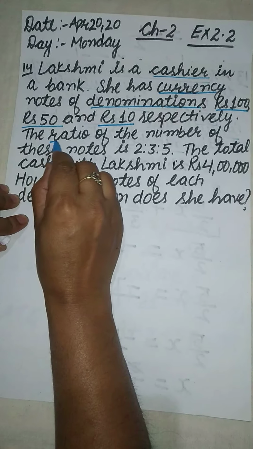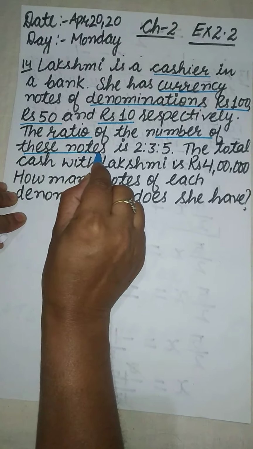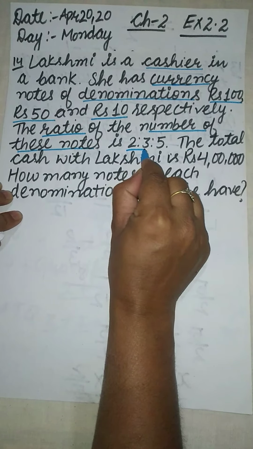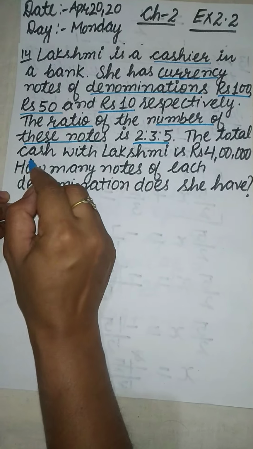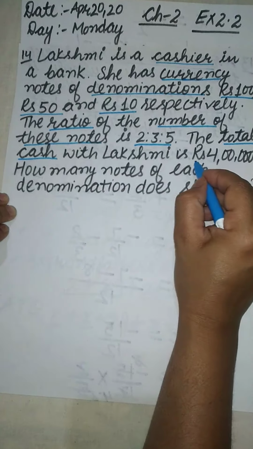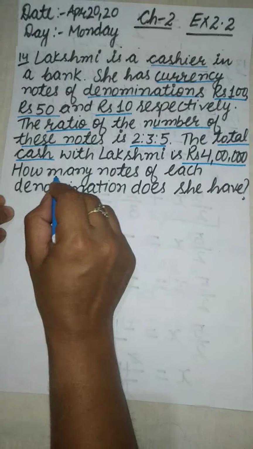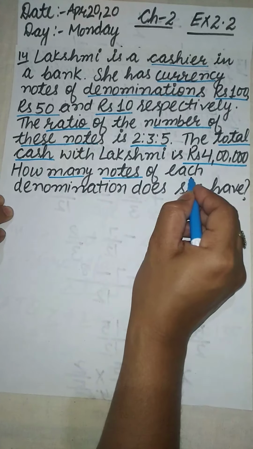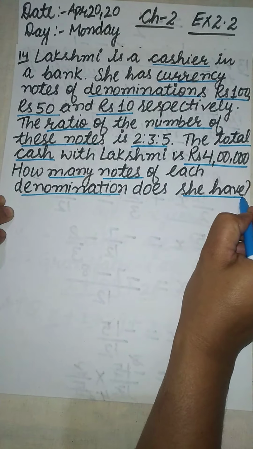The ratio of the number of these notes is 2:3:5. The total cash with Lakshmi is rupees 4 lakh. How many notes of each denomination does she have?